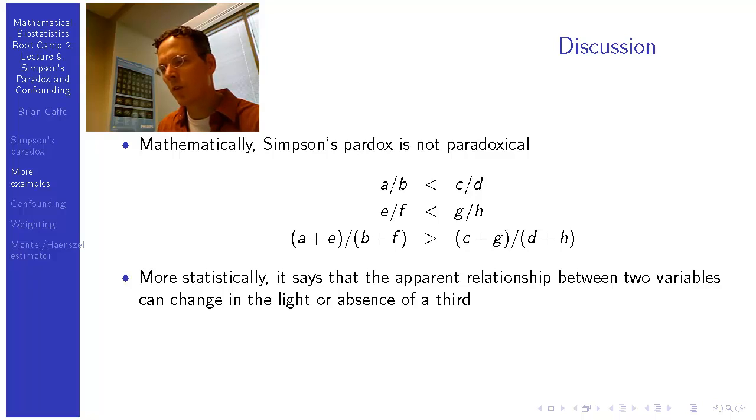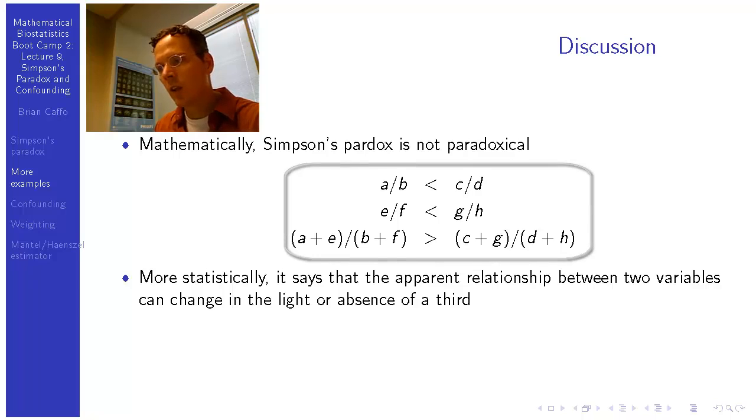To me, there's a couple of things that help me understand Simpson's paradox. First thing is the math. There's no problem with the math, right? If you're saying that A over B is less than C over D and E over F is less than G over H, but if you can find integers that satisfy the following equations, where B has to be greater than A and F has to be greater than E and so on, then you've found an example of Simpson's paradox.